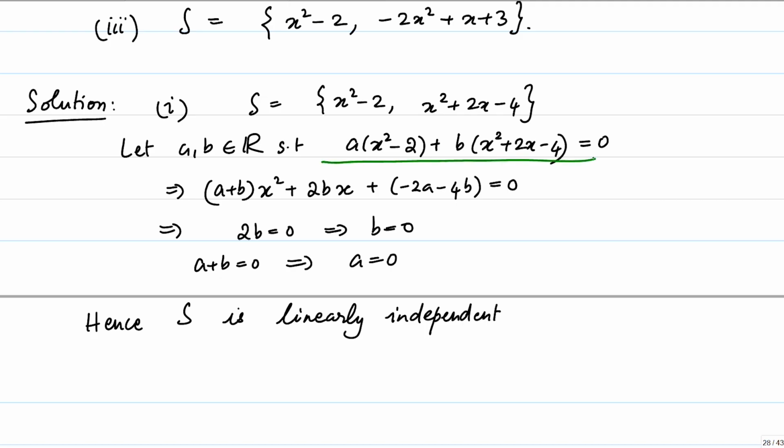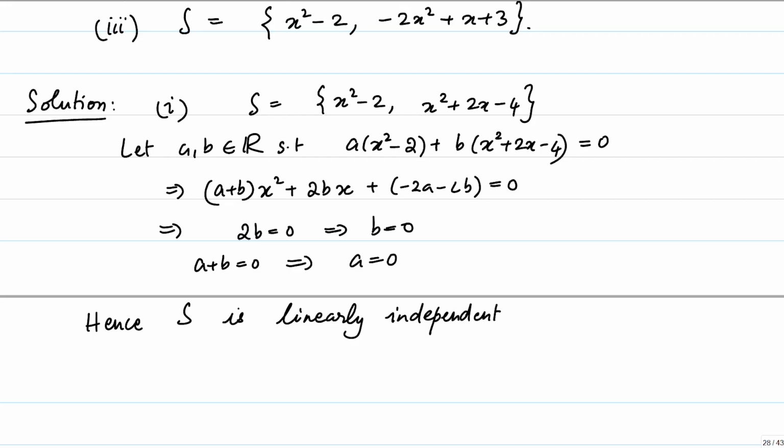Suppose you have a linear combination which is equal to 0, and grouping the coefficients, we get a plus b is 0, 2b is 0, minus 2a minus 4b is 0, or rather a plus 2b is 0. But the first two force both a and b to be 0, and it is consistent with the third. Therefore, a and b are forced to be 0. Therefore, S is a linearly independent set.